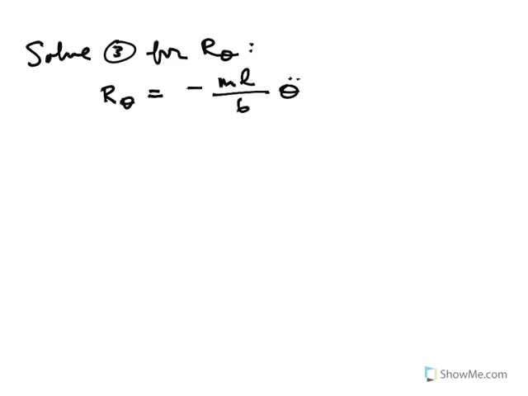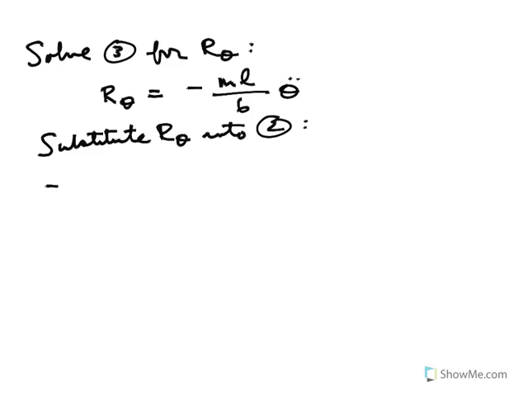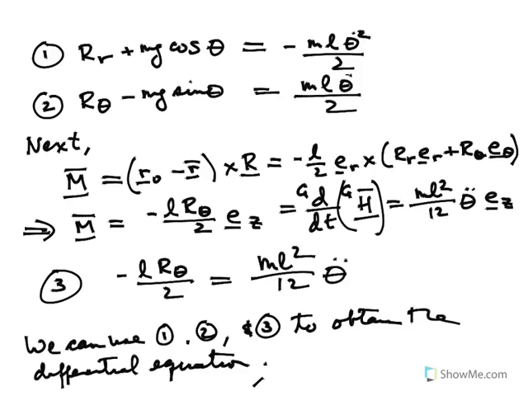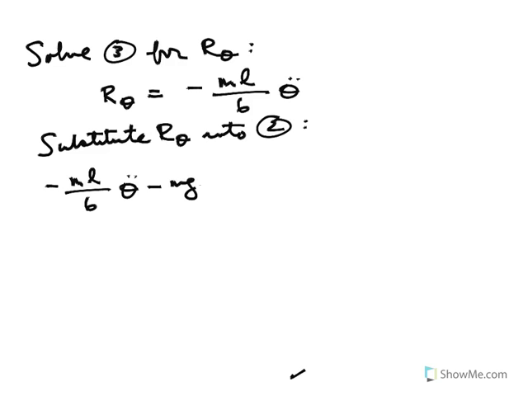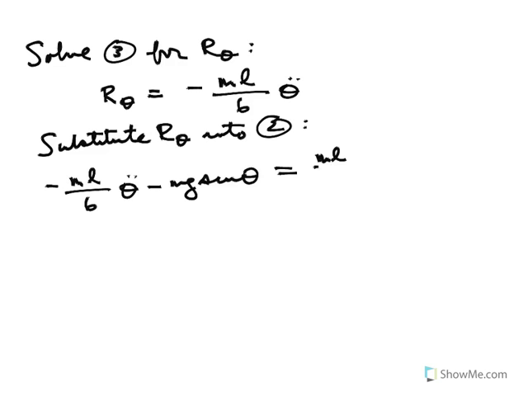And then now we're going to substitute R sub theta into 2. We don't even really need 1 for this whole thing. We just need 2. So what do we get? We got R sub theta, which is equal to minus ml over 6 theta double dot, and then we have minus mg sine theta, and that has to equal ml over 2 theta double dot.